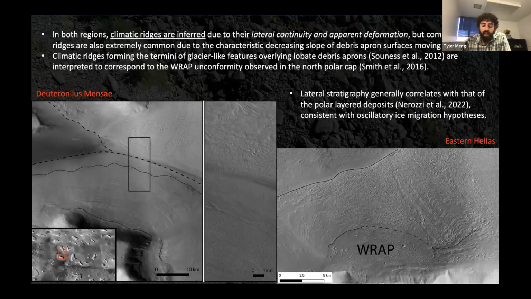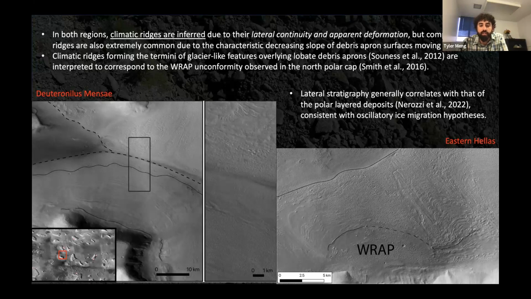And again, without definitive high resolution GPR data, it's hard to conclude definitively whether or not there are internal layers within these glaciers. You may want to pay attention to some of the 3D SHARAD work that's coming out in the near future. But as of now, it remains difficult to interpret all of the ridges as definitively climatic versus compressional in origin.